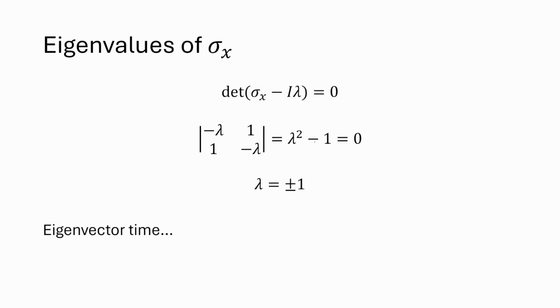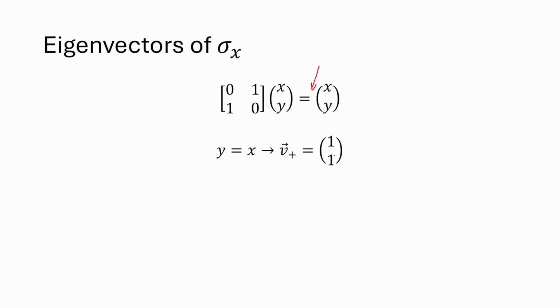And let's find the eigenvectors that correspond with these eigenvalues. Okay, the eigenvectors of the X spin matrix. Well, we write our eigenvector equation: matrix times eigenvector equals, and then implicitly in here is the eigenvalue. It's just that the eigenvalue is 1, so I didn't write 1 times.